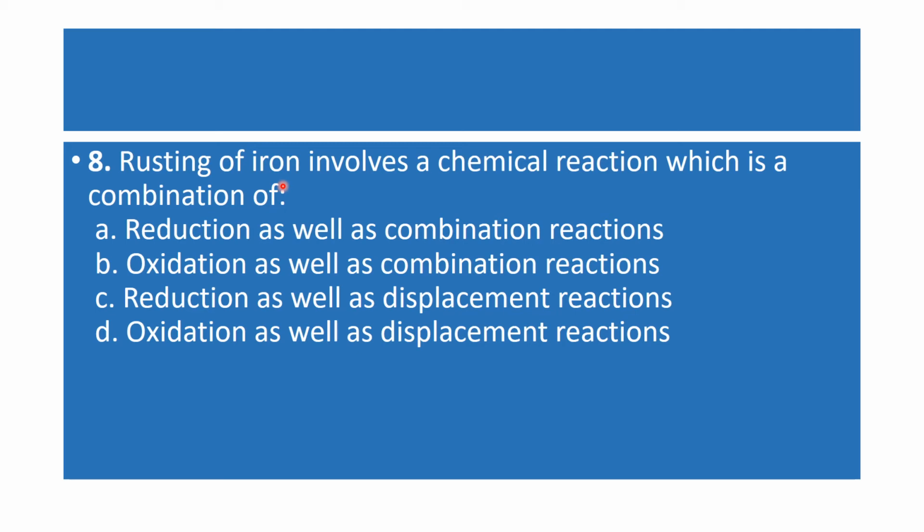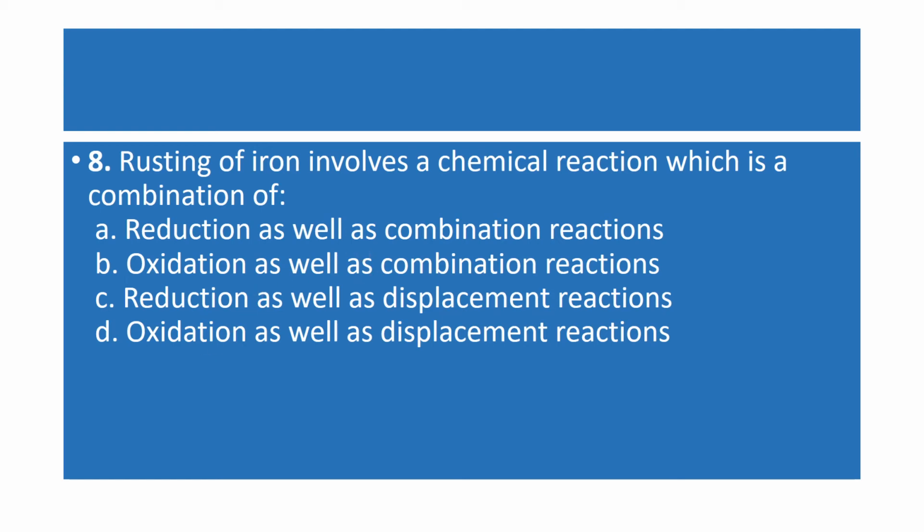So rusting of iron involves oxidation as well as combination reaction. It is a combination reaction because it combines with oxygen to form iron oxide, right? That is why it is oxidation also, and it even contains water, right?